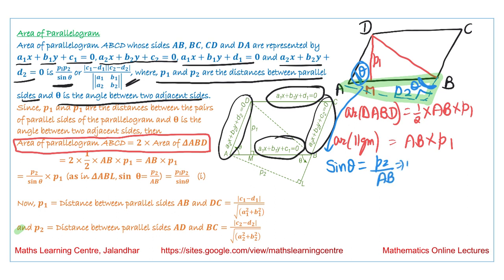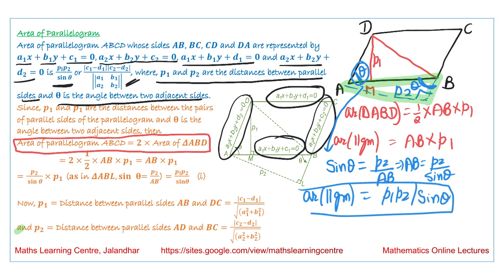So this implies AB is equal to P2 over sine theta. So the area of the parallelogram is equal to P1 P2 over sine theta. This is the formula for the area of the parallelogram. This is the first part we have proved, that the area is P1 P2 over sine theta.